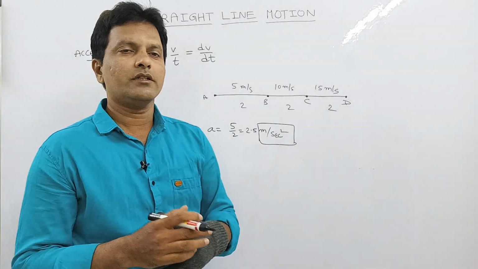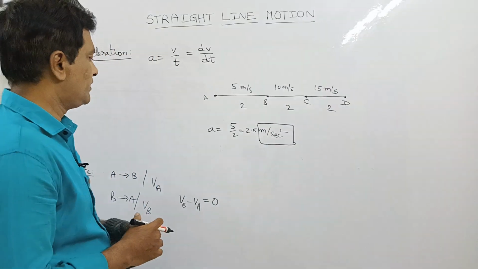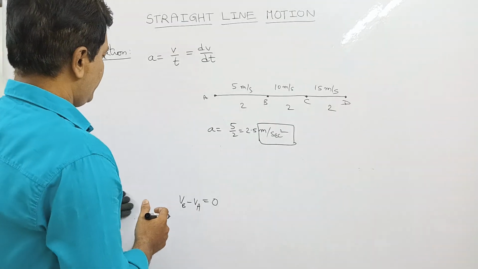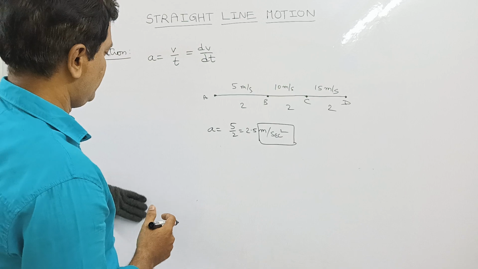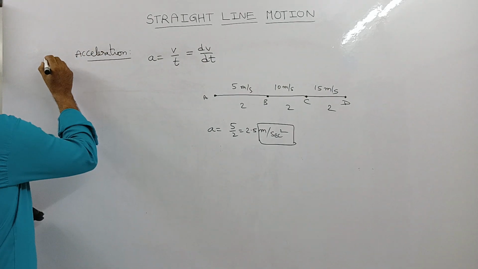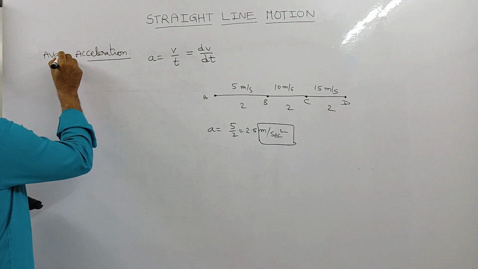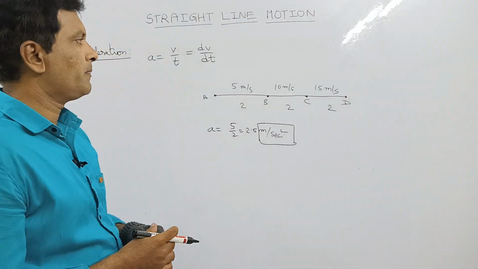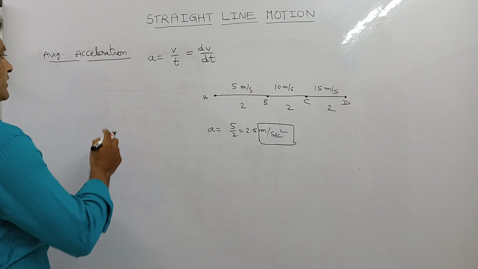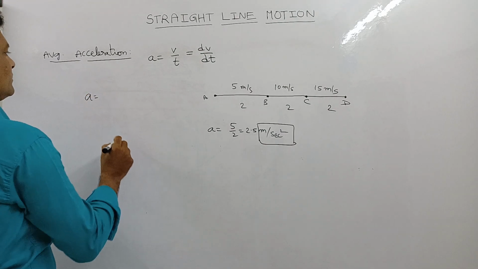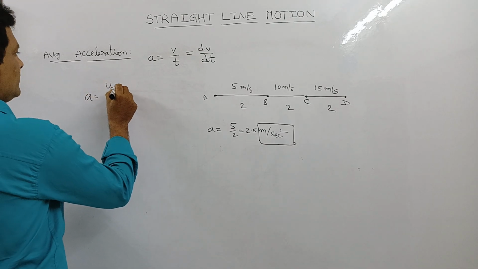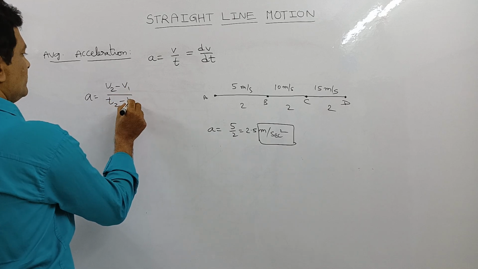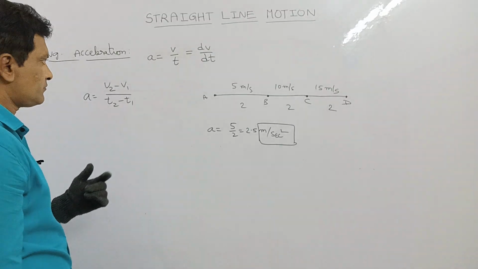Okay. So here we also need to see some terms, average acceleration. See, average acceleration is something similar to average velocity. Average acceleration is equal to the change in velocity with respect to time.